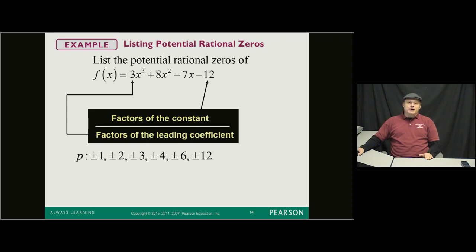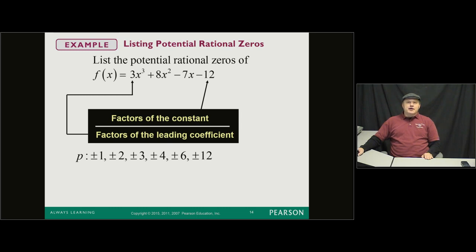So to get the -12, I could be multiplying that first plus 1 times that last -12, or I can multiply that -2 in the second one in the list times the positive 6 in the second to the last of it. So those are all the possible factors of -12.